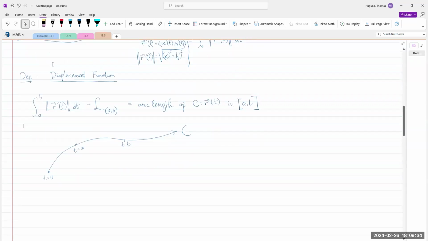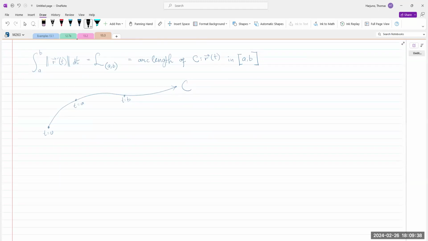Suppose we want to know the distance, or displacement, traveled along curve C from t equals 0 as a function of time t.